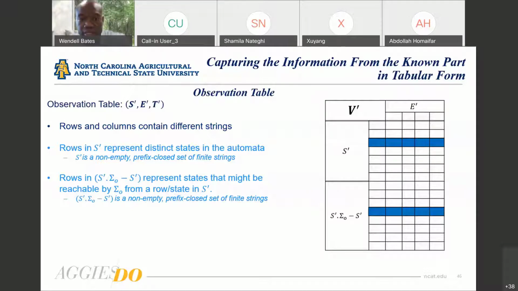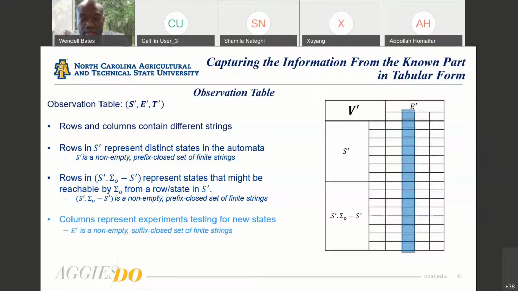And both of these are non-empty prefix closed sets of finite strings. And then the columns in E prime represent experiments where you're testing for any new states that might exist. And E prime is composed of a non-empty suffix closed set of finite strings.